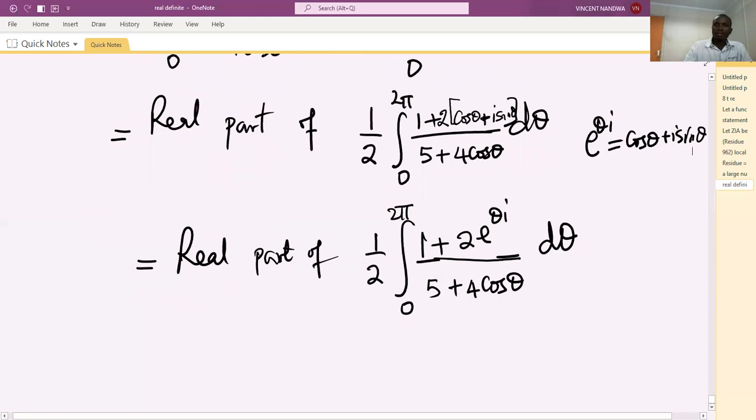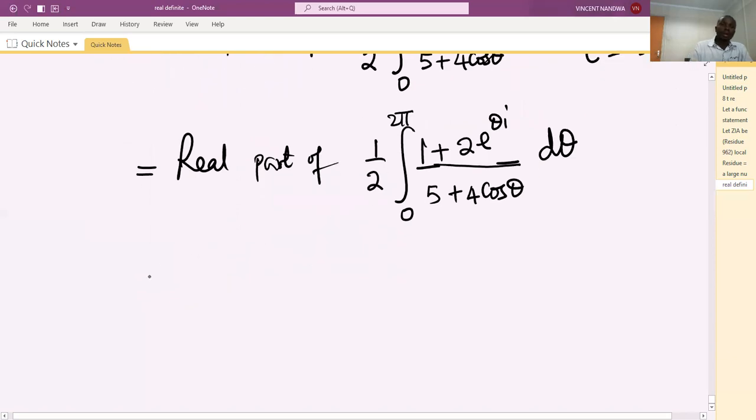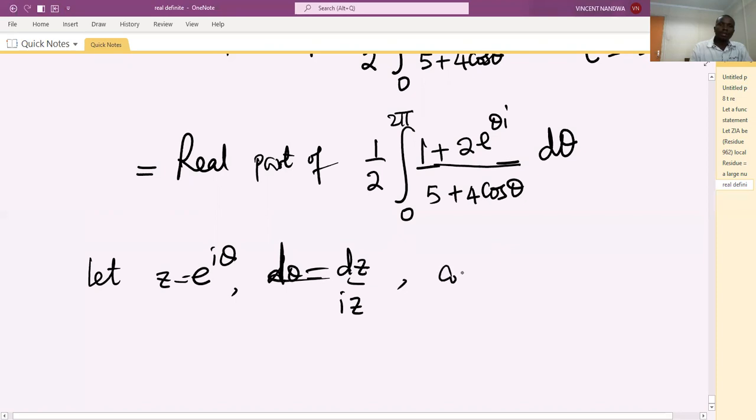Now with that, we'll have next, let z equal e raised to the power i theta, then d theta is dz over iz, which can always be shown, and cosine of theta is the same as a half into z plus 1 over z.